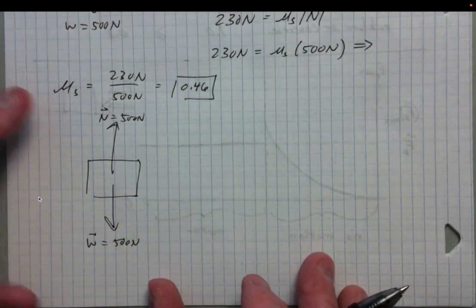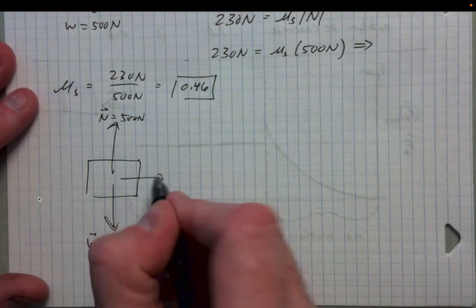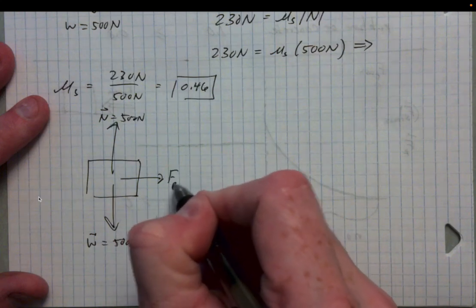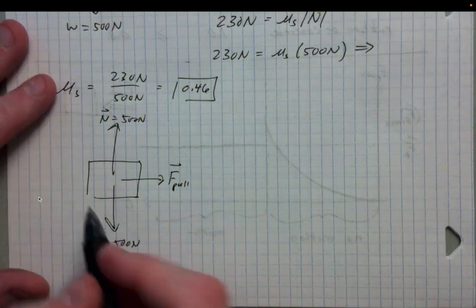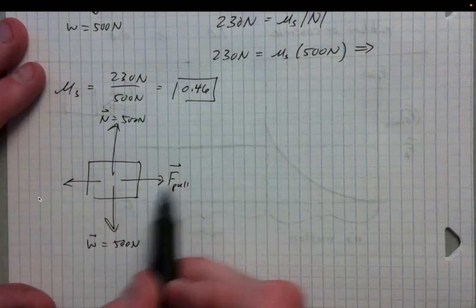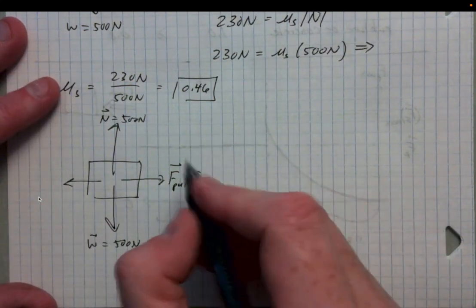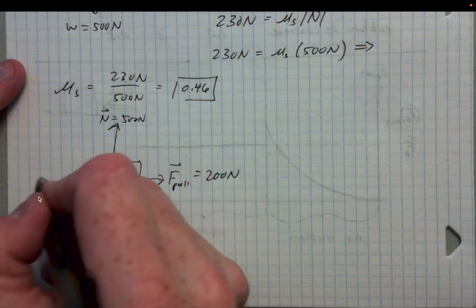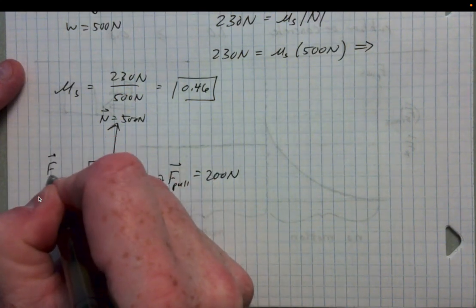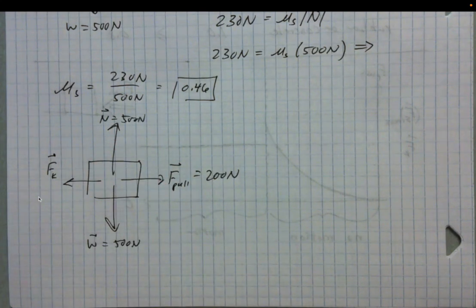I've got the pull, this time, because the object's moving, I'm interested in exerting a force that keeps the acceleration zero, just keeps this thing moving at a constant velocity. And we're told it's 200 newtons. Presumably you can measure that. And that's opposing a kinetic friction force.